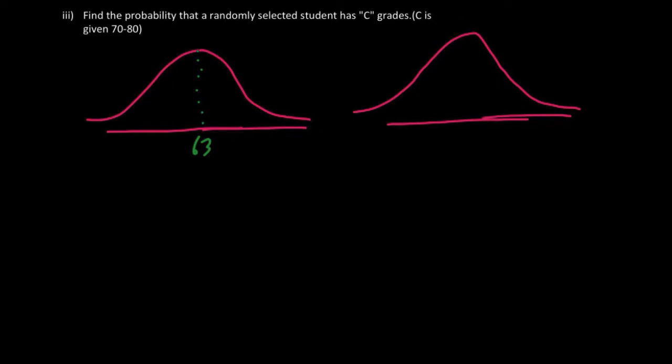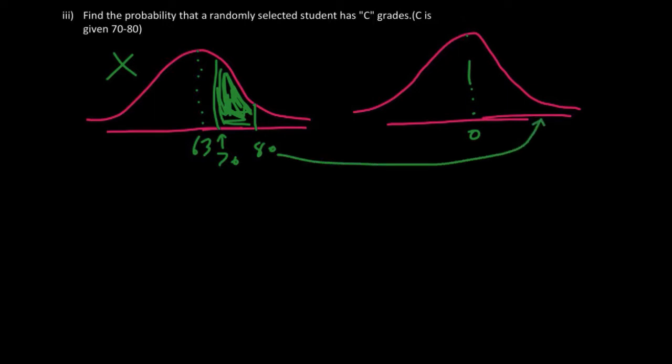C is given as 70 to 80. It means this is the X grade. So 70 will be over here and 80 here. So they are asking for the probability in this area under the curve, between 70 and 80. So this is the standard normal. So we should convert this to standard normal, this number and 70.